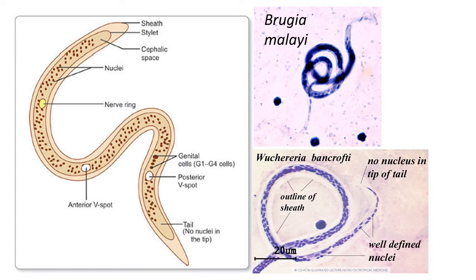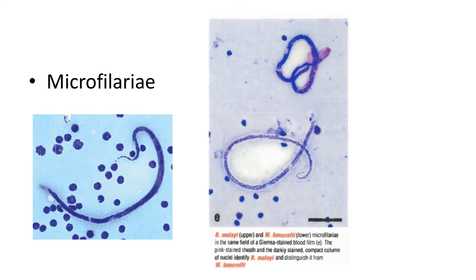So here, also the morphology, the appearance, when we look at the appearance of the microfilaria, the upper picture is Brugia malayi, and the lower picture is Wuchereria bancrofti. You can see only a single curve in Wuchereria bancrofti. In Brugia malayi, upper picture, it is over coiled, that means too much coiled.